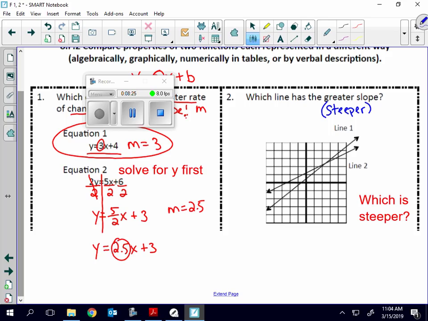All right, line 1 is this one here, whereas line 2 is this one. So which one looks steeper to you? Which one is steeper? Well, look at it. If you were to walk up those, which one would be harder to walk up? That would be line 1.